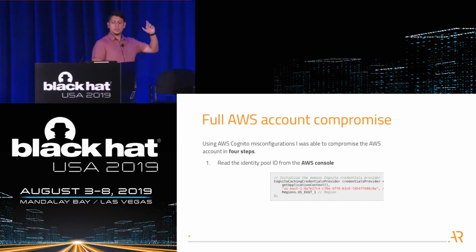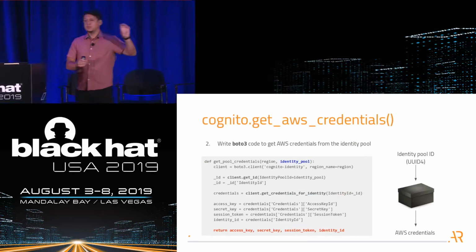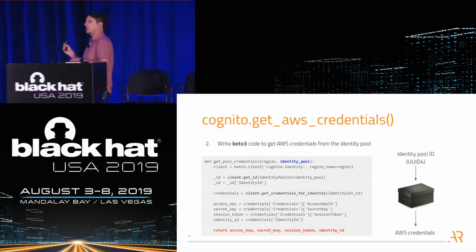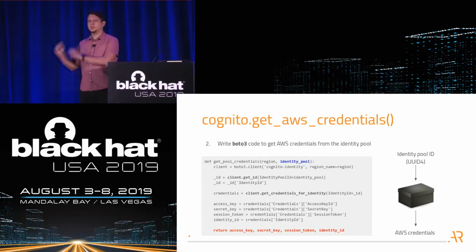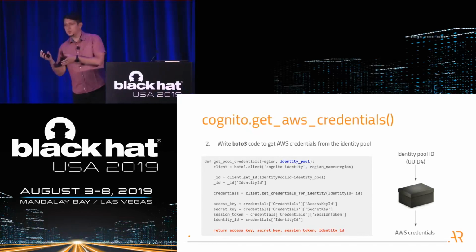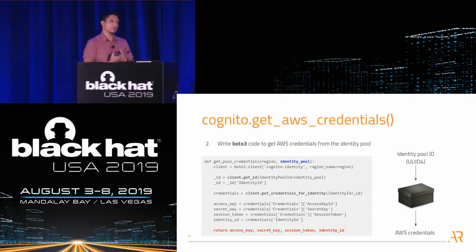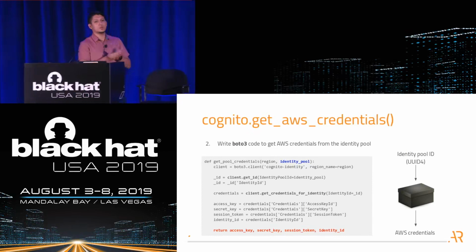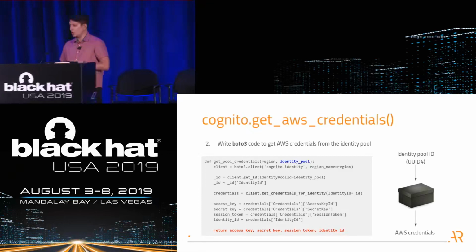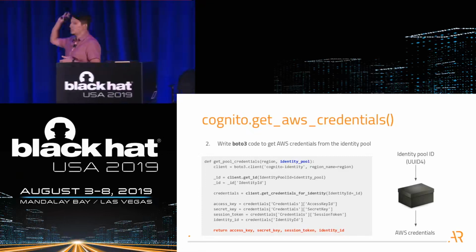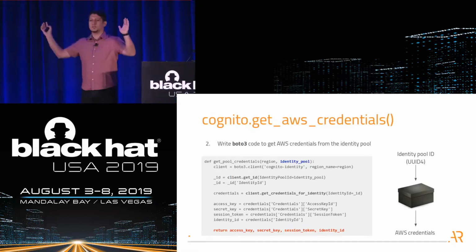I extracted the ID, and I used it in this function. This function is going to take an identity pool ID and return AWS credentials, because that's how Cognito works. It's going to give end users AWS credentials with some associated permissions. From now on, for you guys, this is just a black box. You enter identity pool ID, and you get credentials.